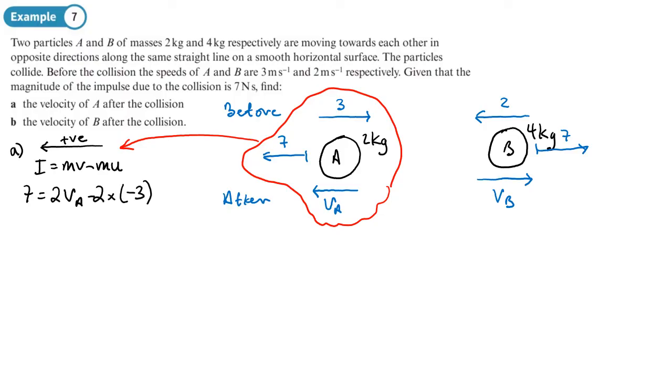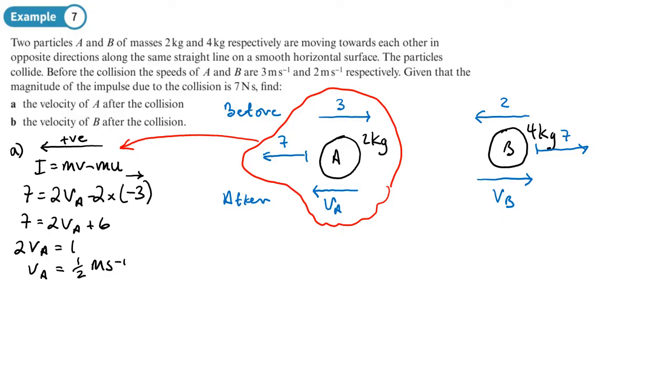Look at the direction of the velocity before, so it's going that way, that's why it was a negative. So 7 equals 2va plus 6. Take away 6 from both sides, so 2va equals 1. Va equals a half, or 0.5 meters per second.